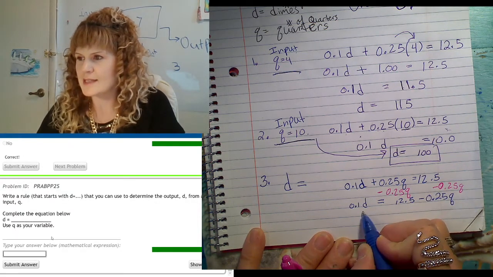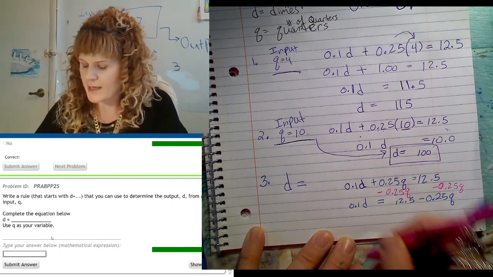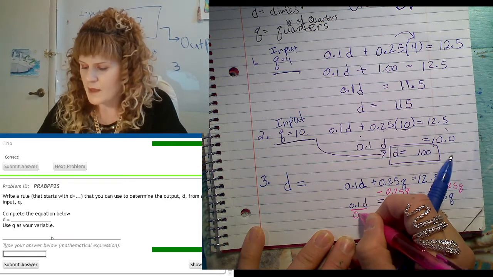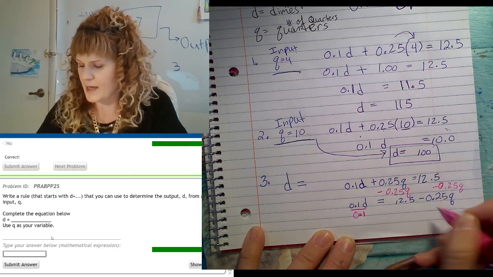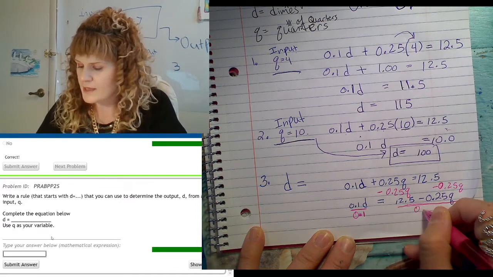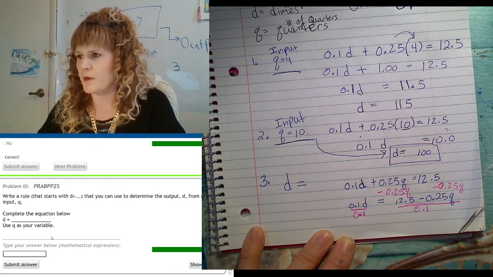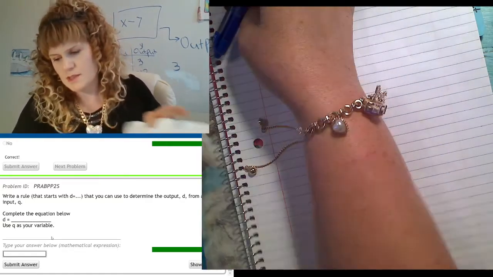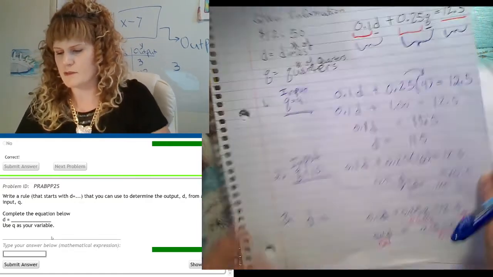Now I want to isolate the D. I can do that by dividing away this 0.1. But I have to do that to both sides of the equation. So I'm going to divide the left side by 0.1 and divide the right side by 0.1. I think it's important to make sure that your math skills are really good at this.